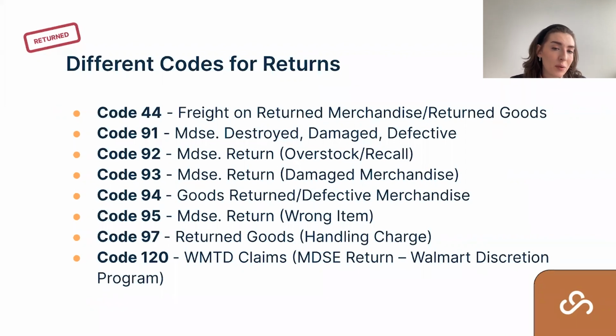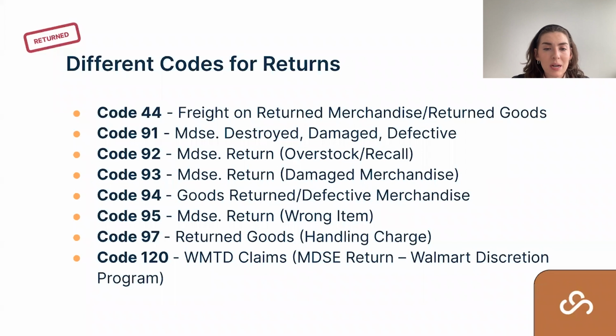Then code 94 is goods returned / defective merchandise. Again, these start to muddle together, but we're going to break them out. The last one here in the 91 to 95 section, which is really going to be the bread and butter of what the code actually means, is merchandise returned for a wrong item. And then back to code 97, it's similar to code 44, and you might see it as another number like code 60.